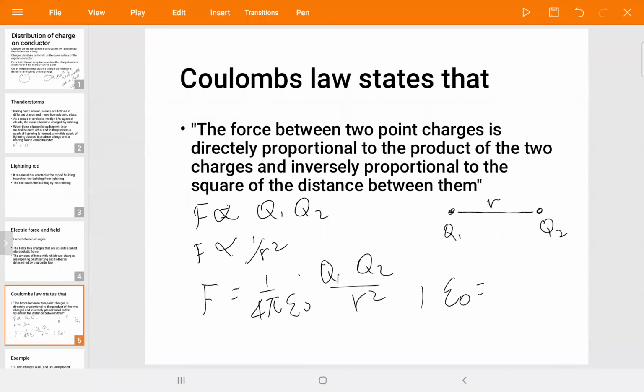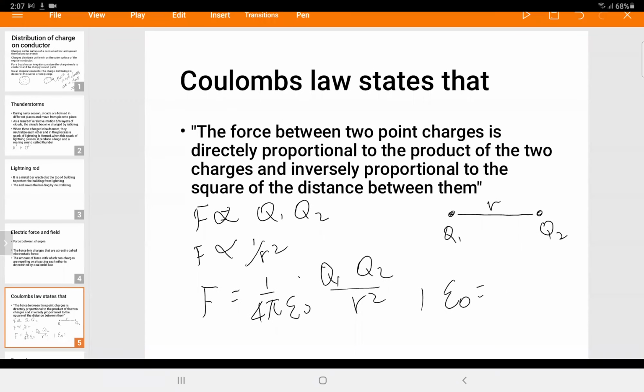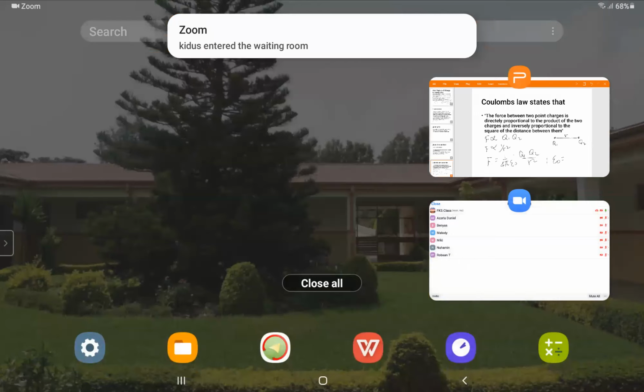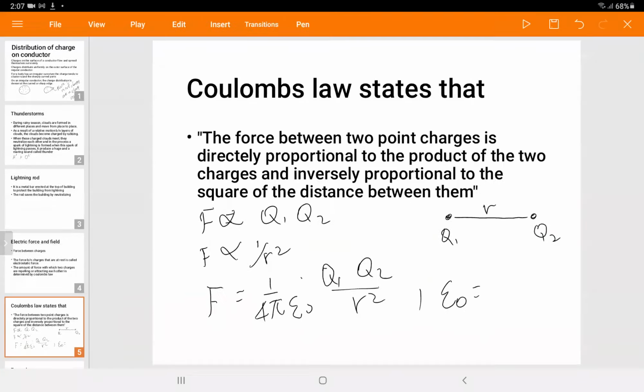But instead of space, if the two charges are placed in air or in a material, then the permittivity will not be epsilon naught. The other permittivity value will be used. So this is the permittivity of free space, which means the permittivity of a vacuum.